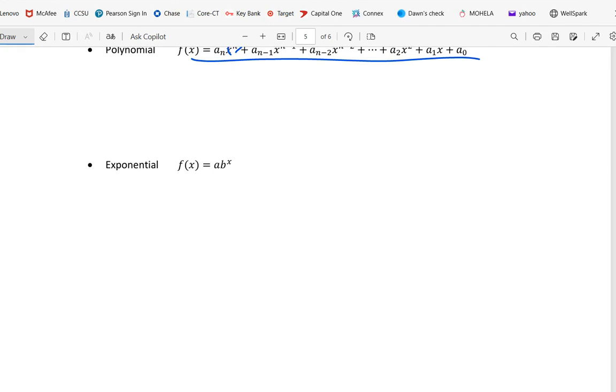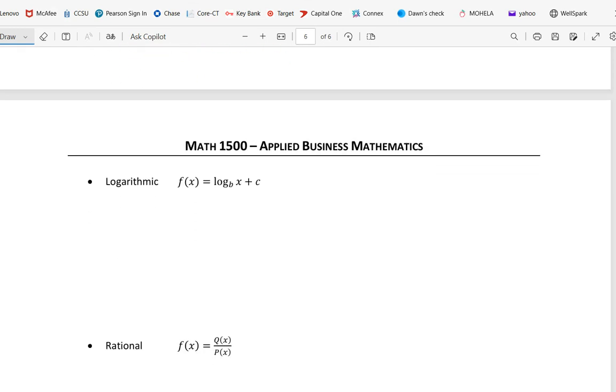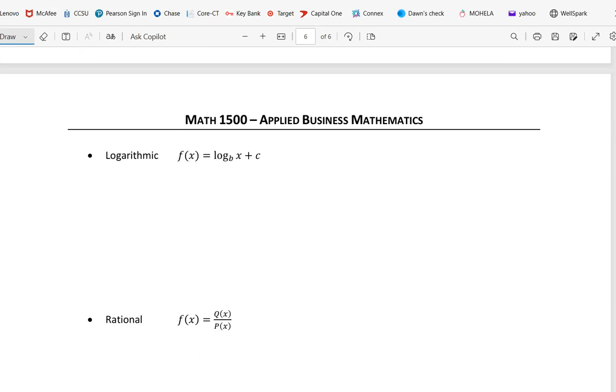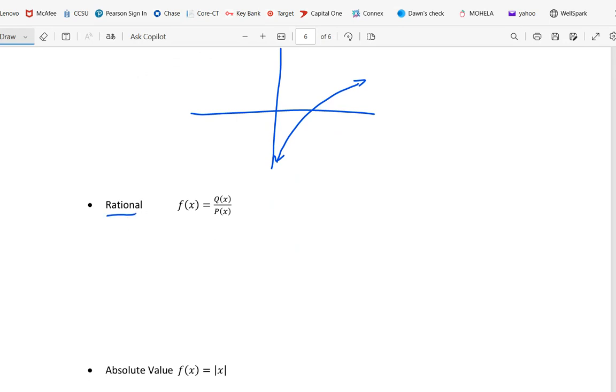And finally, we're going to look at exponential functions, which we say it increases exponentially. It increases faster and faster and faster. Okay. We'll look at logarithmic functions. A logarithmic function will look like this. We'll spend a little bit of time, not much, with rational functions.